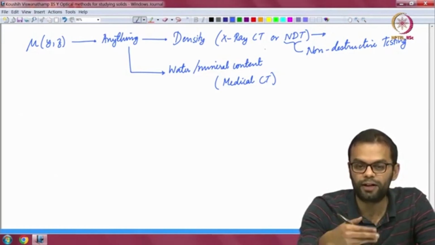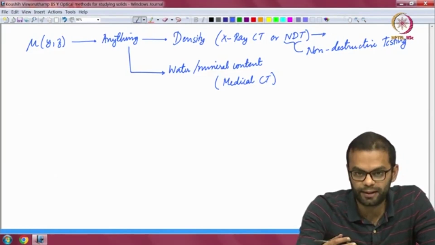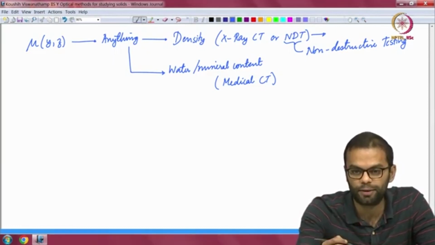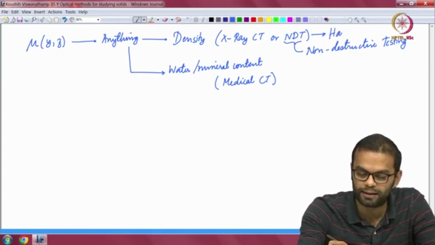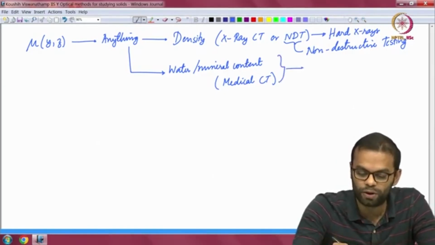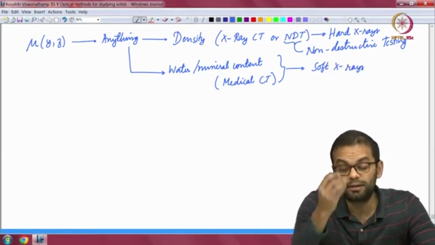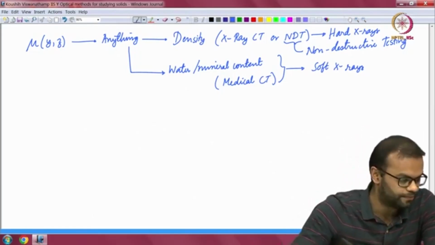So usually when you are working with metals, the intensity and the energy of the incoming X-rays should be somewhat larger because their absorptivity is larger. So you typically use what are called hard X-rays over here. So these are higher energy, smaller wavelength X-rays, and over here you usually use what are called soft X-rays. So these are lower energy, larger wavelength, lower frequency X-rays. That is just a detail you want to keep in mind.